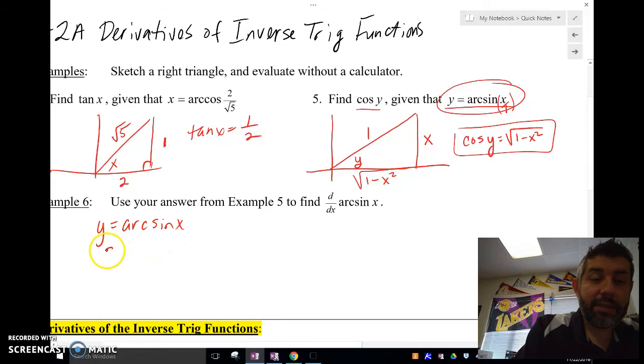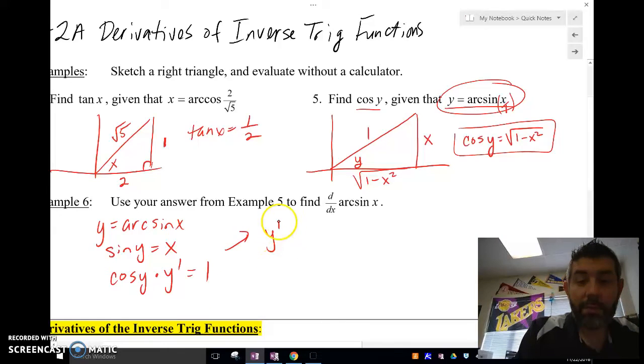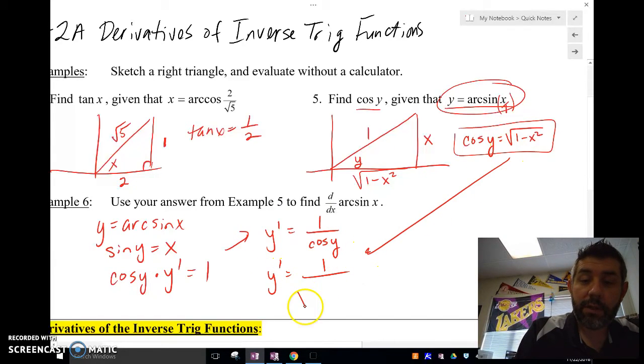That's sine of y equals x, by using an inverse property. Then I'm going to use implicit differentiation. The derivative of sine is cosine times y prime, equals the derivative of x, which is 1. So y prime equals 1 over cosine y. Putting this in, y prime equals 1 over the square root of 1 minus x squared.